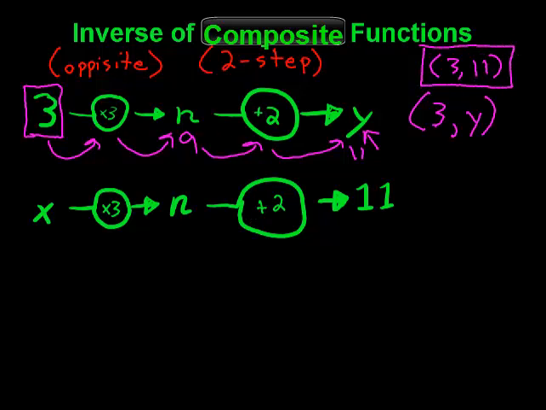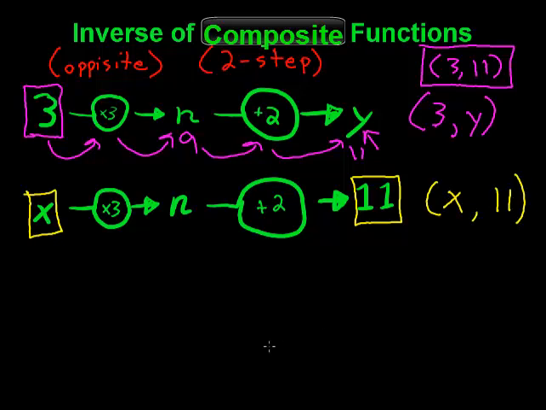Now let's look at what it means to do the inverse, or the opposite. So on our function below, you can see we do not know our x value, but we do know y is 11. So when we do the inverse, the opposite, we just go backwards through that function machine.